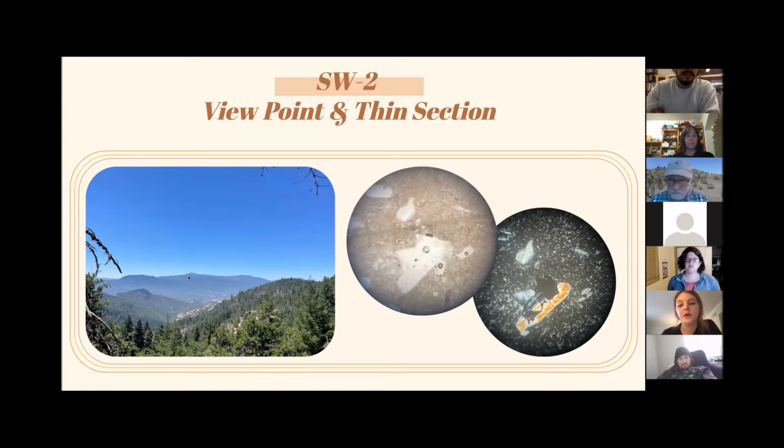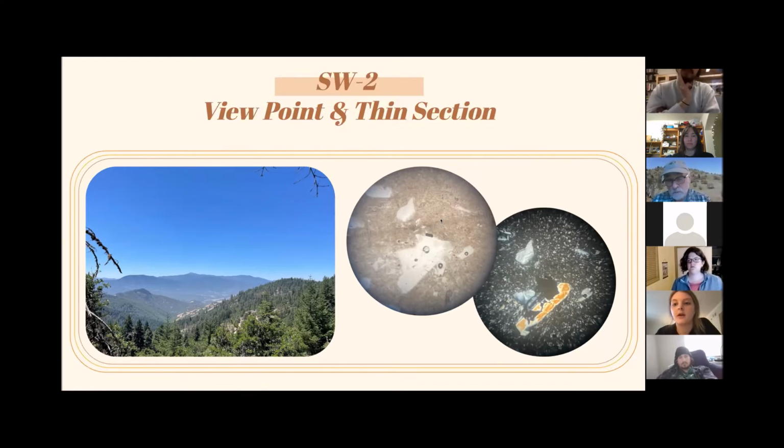And I don't actually have a picture of the rock sample that this thin section is from, but this is an example of the tuff that we were able to look at. And when you're looking at tuff in a thin section, basically what you want to look at is the groundmass. So back here, this matrix is all made of volcanic glass.